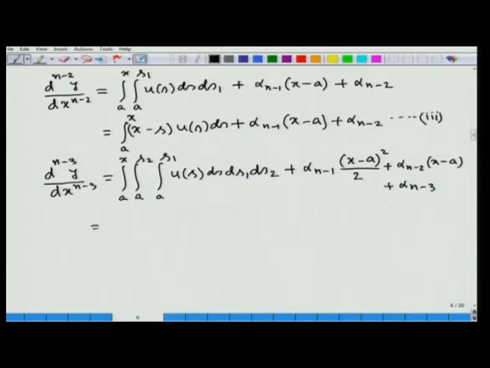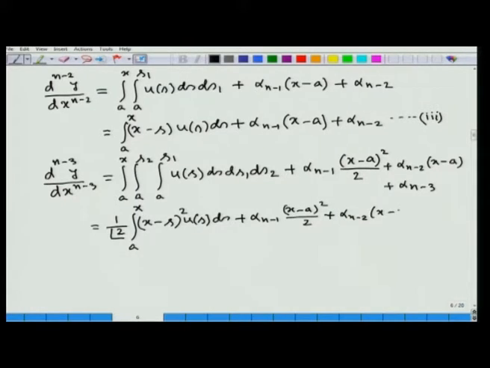So, ultimately this is equal to 1 by factorial 2 times the integral from a to x of (x minus s) whole square u(s) ds plus alpha n minus 1 (x minus a) whole square by 2 plus alpha n minus 2 (x minus a) plus alpha n minus 3, call it 4.